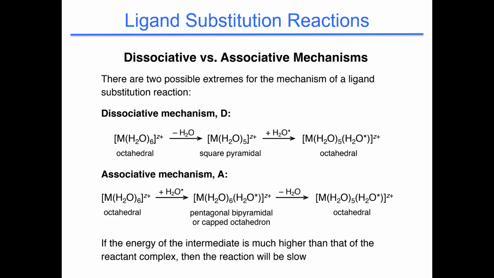And in general, if the energy of your intermediate is much higher than that of the reactant complex, then the reaction will be slow because there's not a large driving force to form that intermediate and proceed with the reaction.